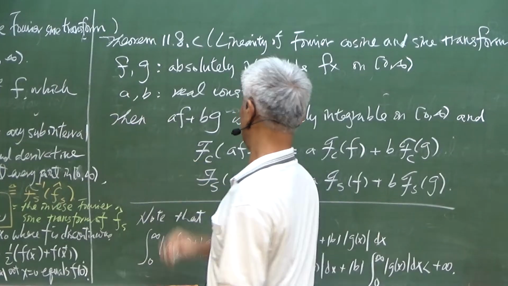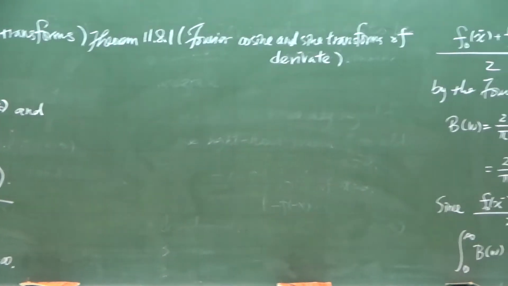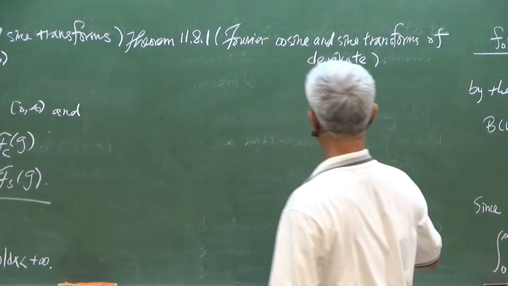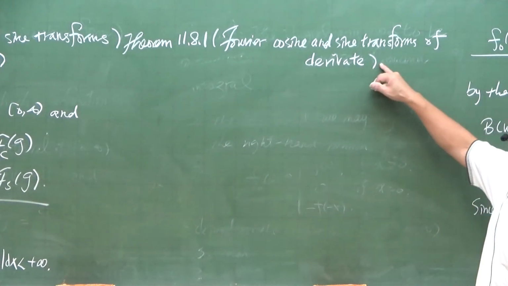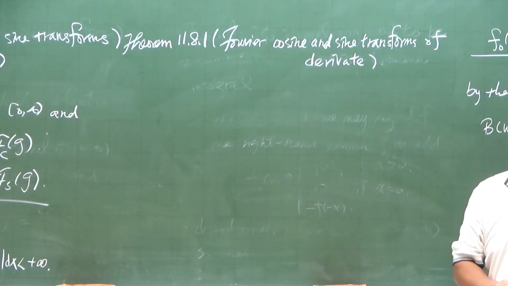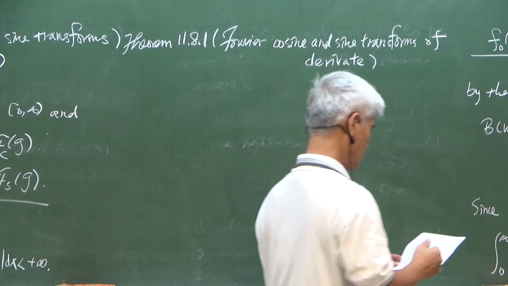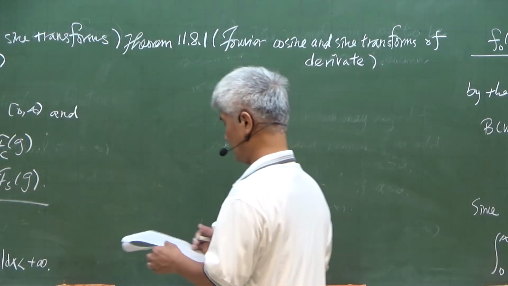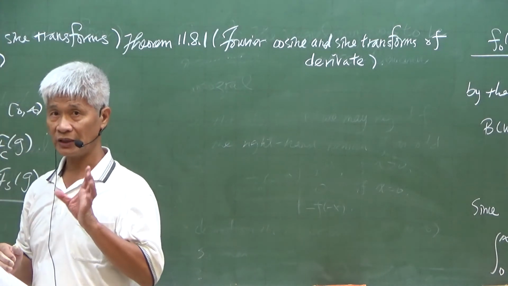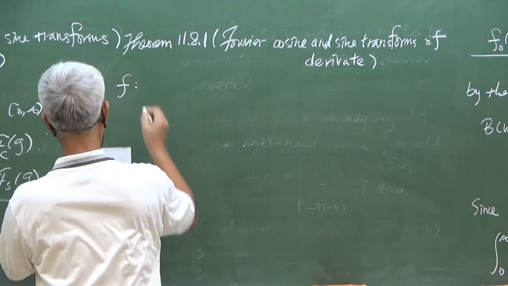Suppose we have an f which is absolutely integrable, and so it has a Fourier cosine transform as well as a Fourier sine transform. Now we ask, do we have the Fourier cosine transform and sine transform of its derivative? Sometimes we need to know, and if it exists, how can we compute it from the Fourier cosine or sine transform of the original function f?